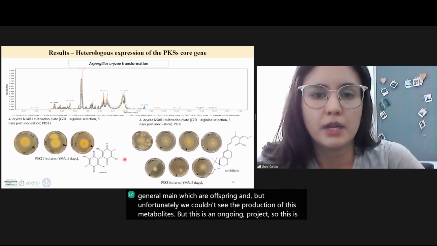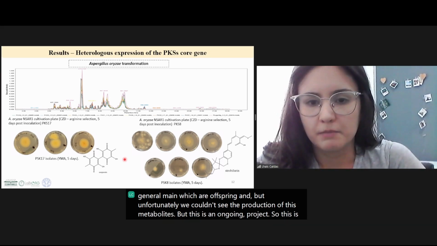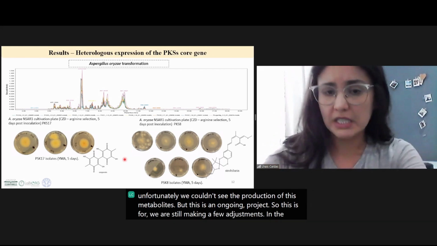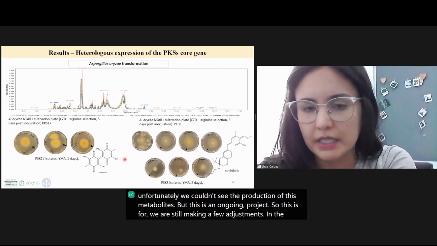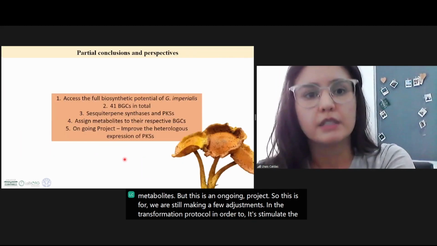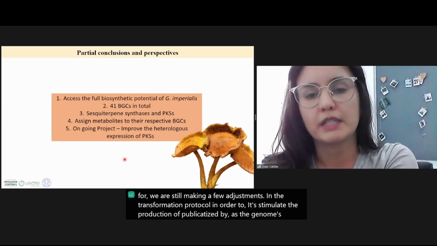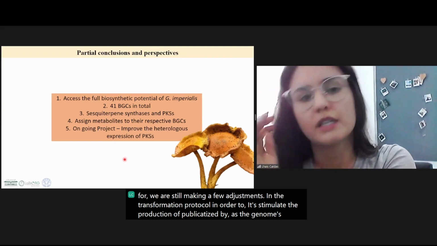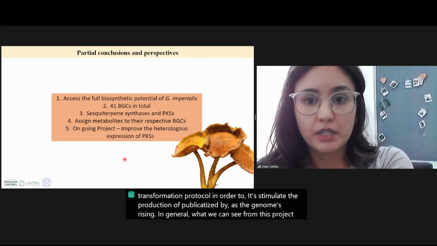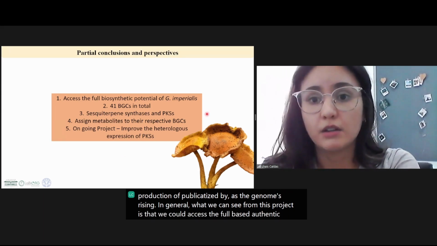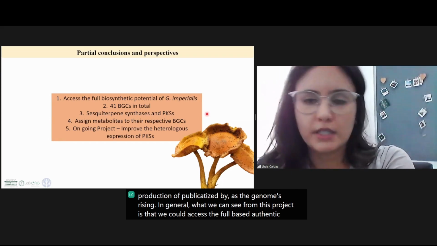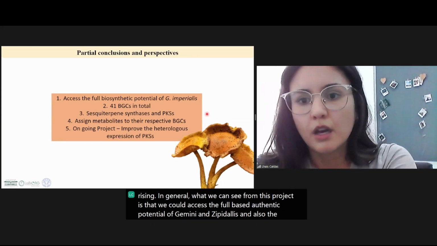We are still making a few adjustments in the transformation protocol in order to stimulate the production of polyketides by Aspergillus oryzae. But in general, what we can see from this project is that we could access the full biosynthetic potential of Geminophilus imperialis and also the related species, Geminophilus and Galerina genus.